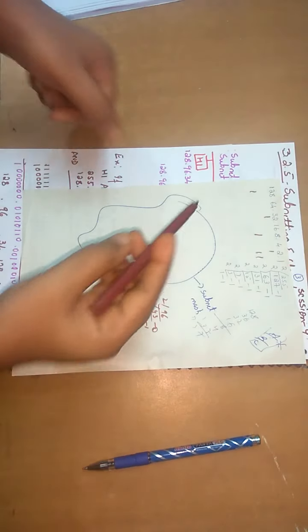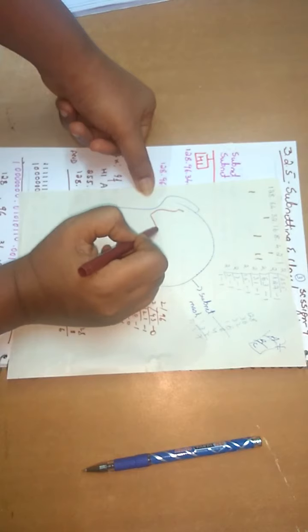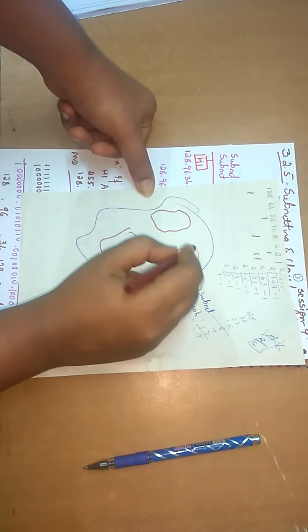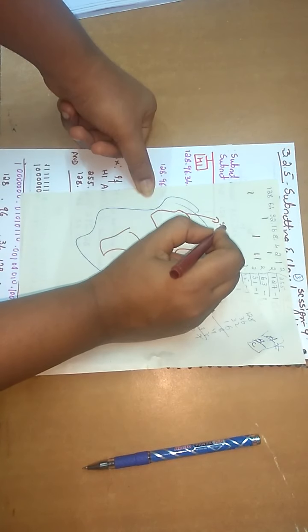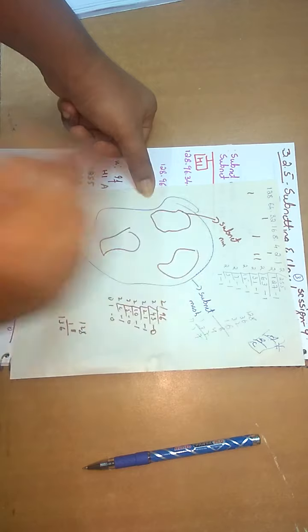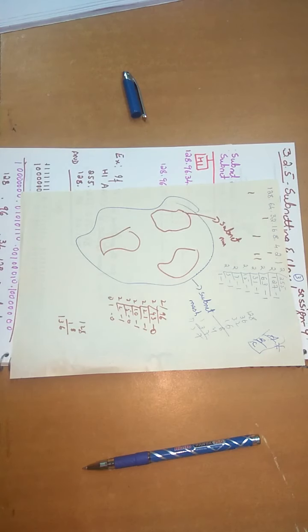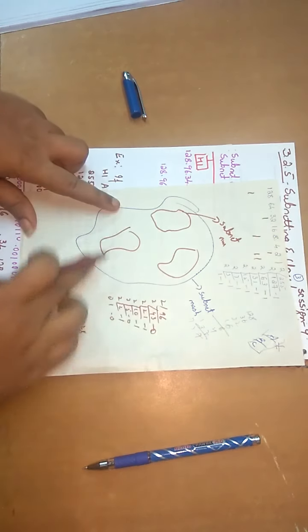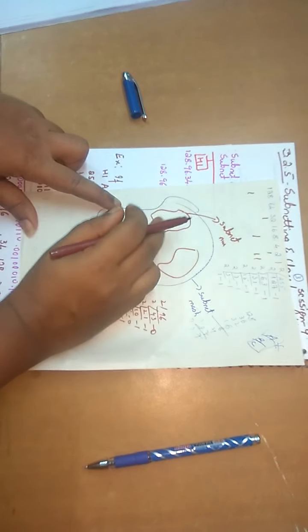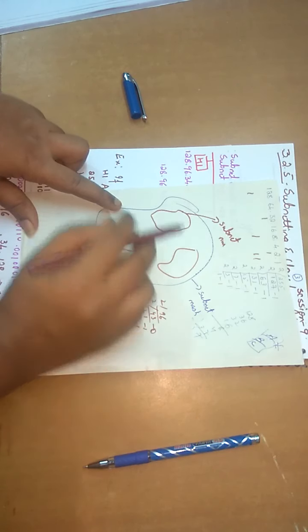Within that we have different subnets, and these we call subnet numbers. This complete network has a subnet mask, and this one has a subnet number.